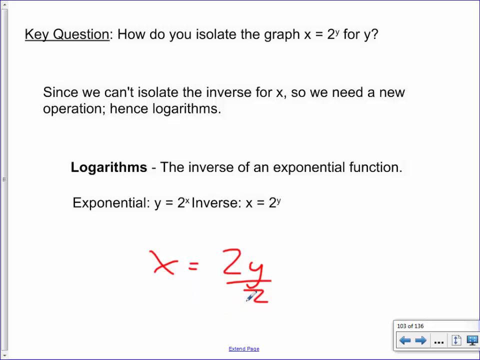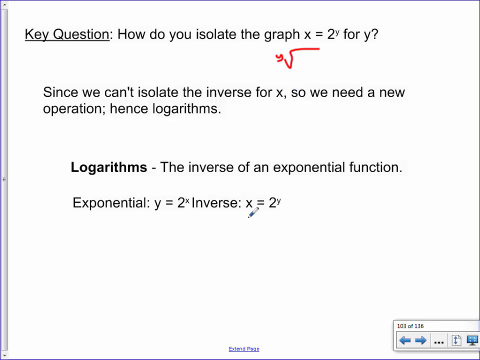Or let's say I gave you the graph x equals y squared. You just square root both sides. Does that make sense? The point I want to make here is, how in the world do you take a graph where the exponent is y and get it by itself? Now, there is actually one solution, but it's not a good solution. You could take the y root of something.